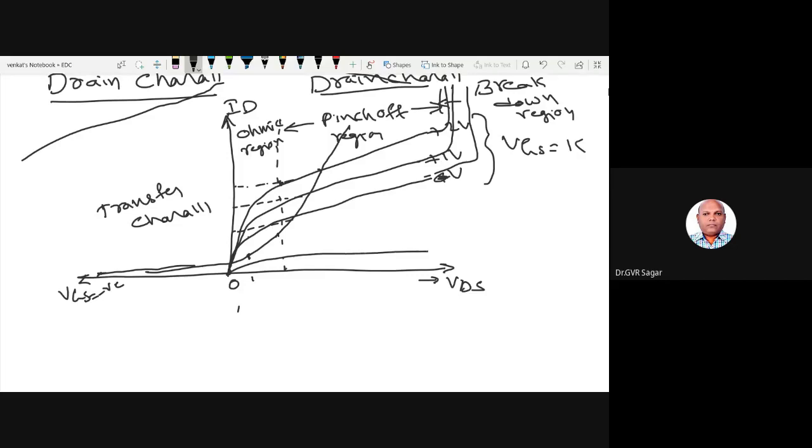Only a small, this is the 0 voltage. VGS is equal to 0. That's 0.5. Right? So that's why the characteristic curve looks like this. This is the transfer characteristic. Right? These are the two things you had observed in the DMOS and EMOS.